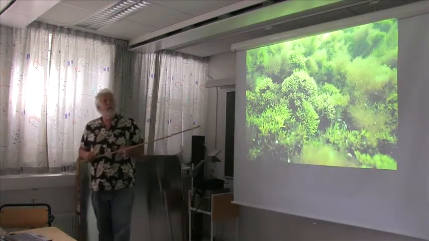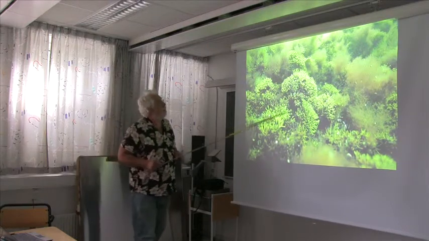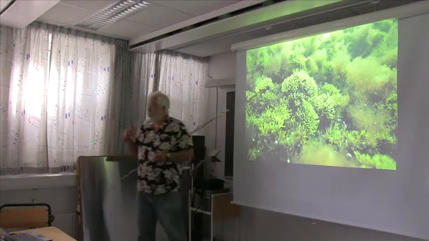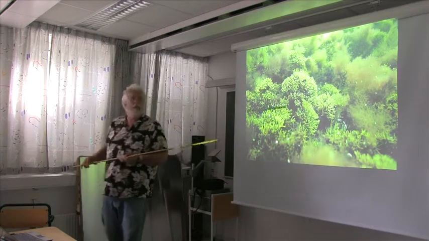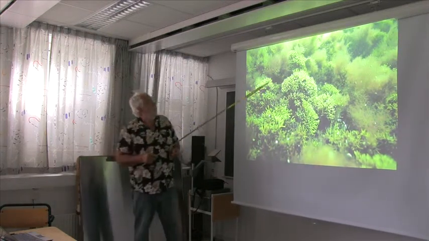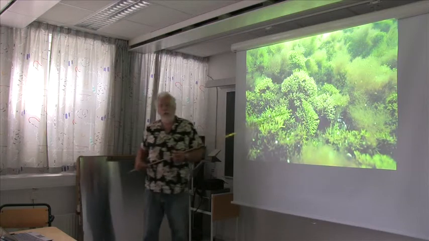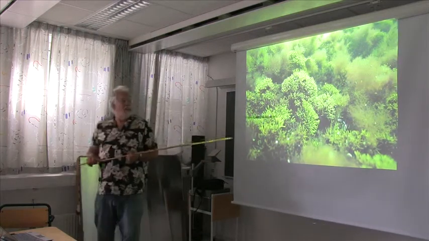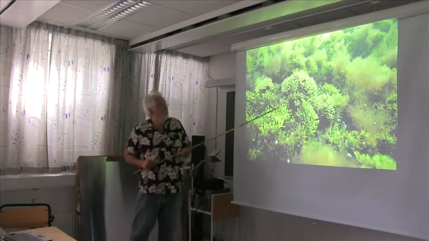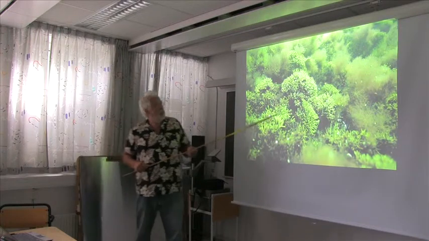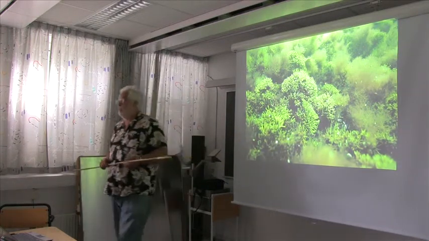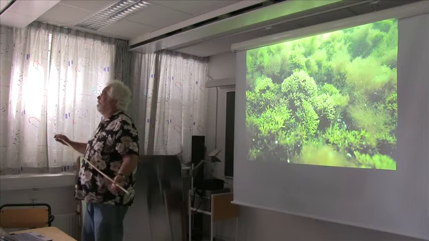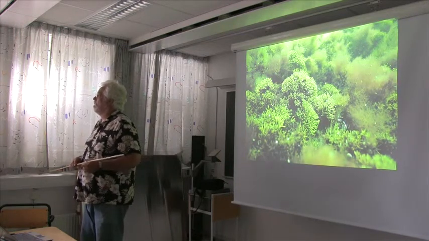Below the Fucus communities, and also growing under Fucus, we find red algae. In this case, it's Furcellaria lumbricalis. It's gaffeltång in Swedish. I think it's, what's the English name?